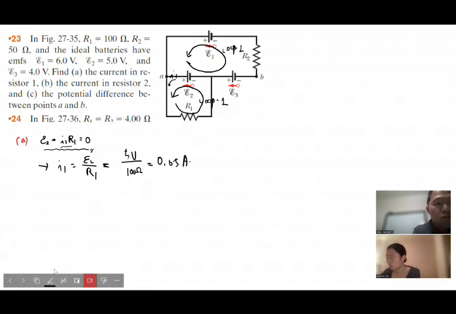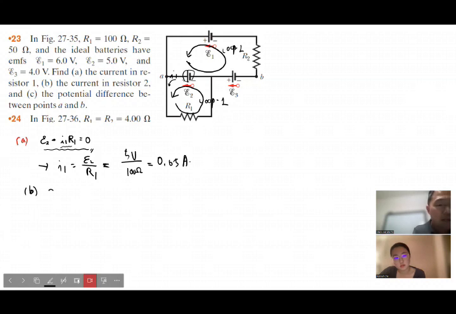And now switch to number B. We have to find the current in resistor 2. Same thing, you have to apply the loop rule. Now if you look at the orientation of loop 2, then for E1, E2 and E3, see that the direction of E2 and E3 is opposite to the direction of loop 2. Only E1 is in the same direction as loop 2.